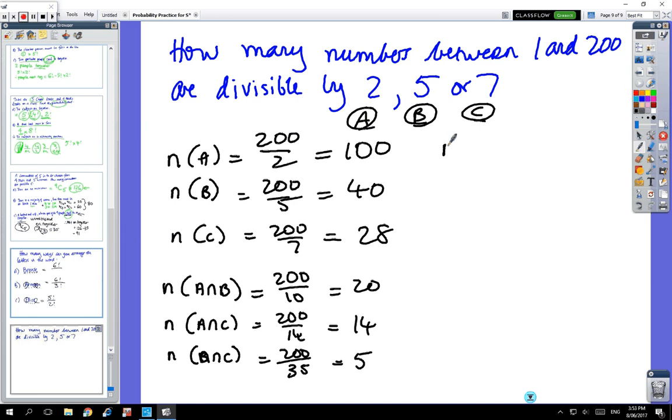And the last one we have to do is the number in A and B and C, which is 200 divided by 2 5s are 10, 10 sevens are 70, that's only 2, I think. 2.